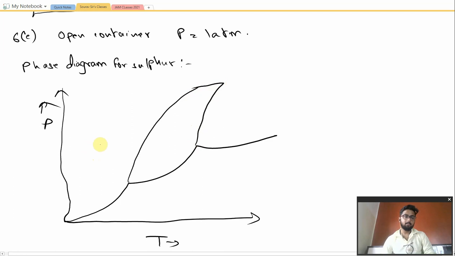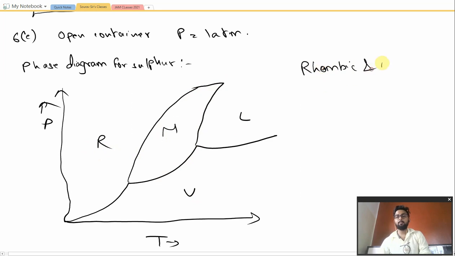So here would be rhombic, here would be monoclinic, here would be liquid, and here will be vapors. Rhombic and monoclinic are obviously different forms of solid state.